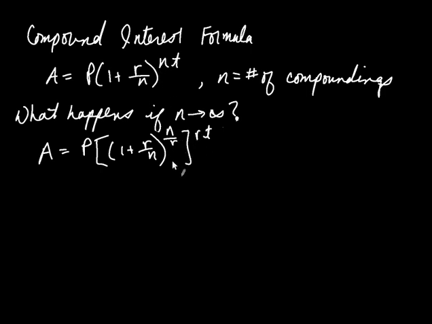The reason I wrote it like this is because we can make a substitution. We can let m be equal to n over r, and ask ourselves what happens as n goes to infinity. If n goes to infinity, that means m goes to infinity because m is n over r.